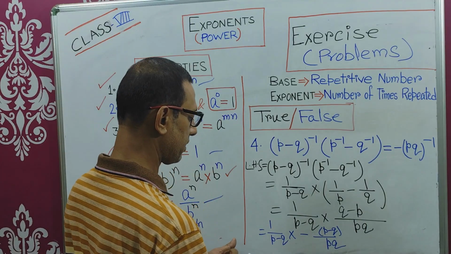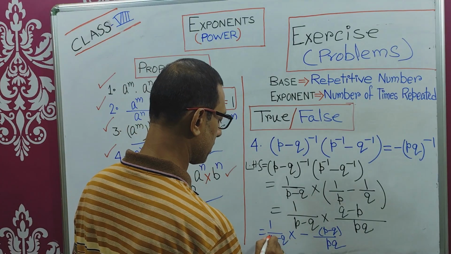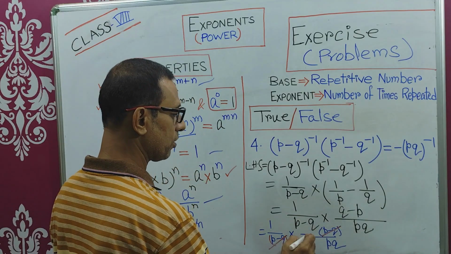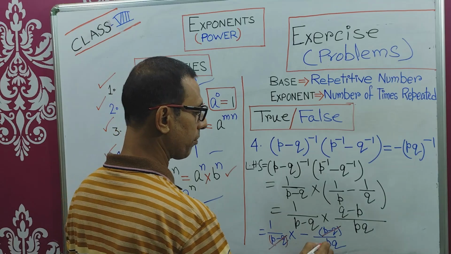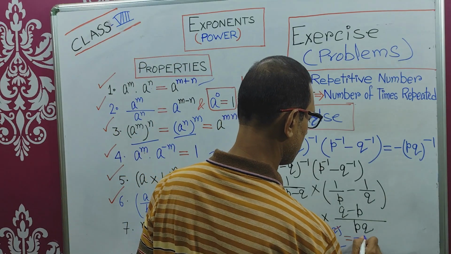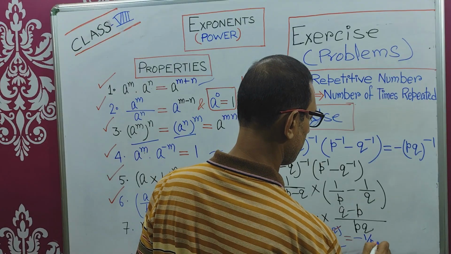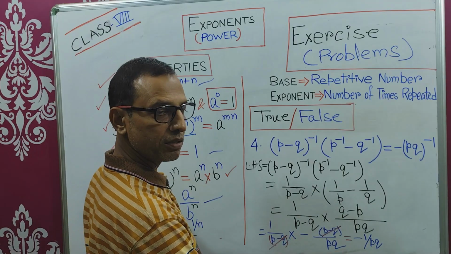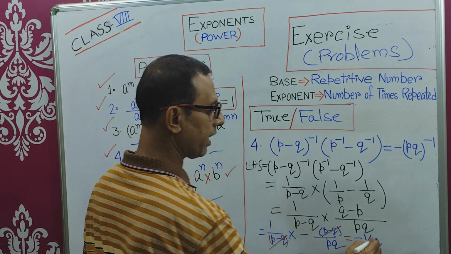So in that case you will cancel this p minus q with p minus q, and it is minus 1 by pq.